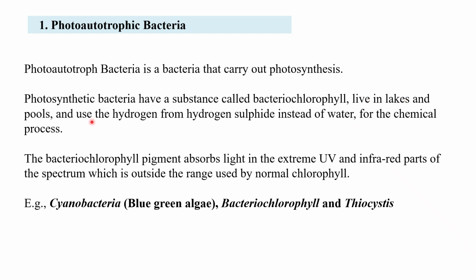They live in lakes and pools and use the hydrogen from hydrogen sulfide instead of water for the chemical process. The bacteriochlorophyll pigment absorbs light in the extreme UV and infrared parts of the spectrum, which is outside the range used by normal chlorophyll. Examples are cyanobacteria, blue-green algae, and Thiocystis.